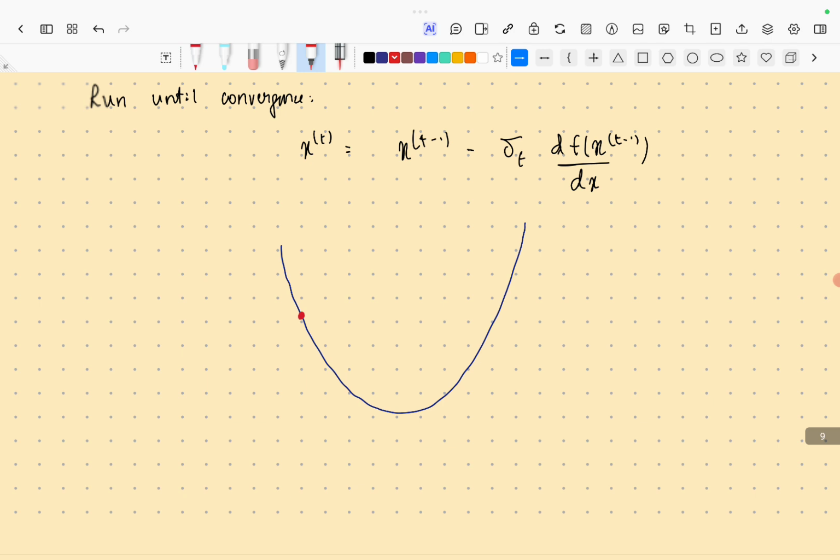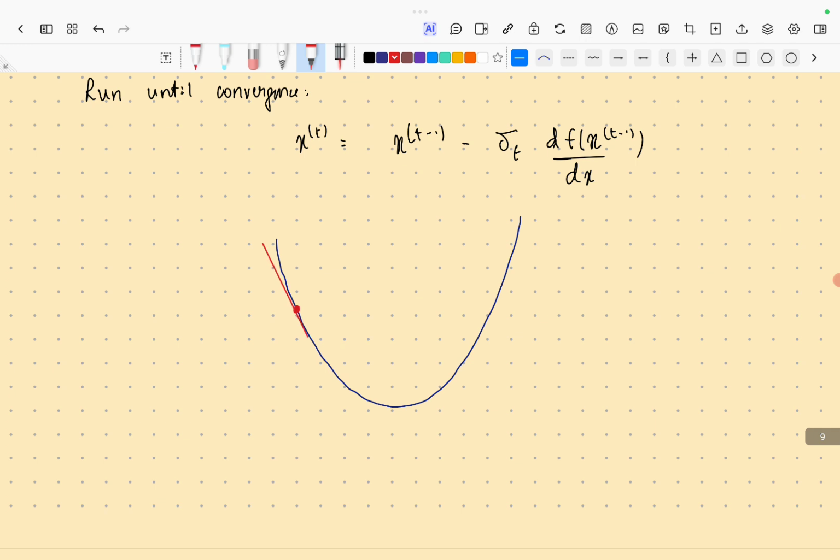So you take the tangent at this particular point and you move a certain distance in that particular direction. All right, so this is your whatever delta t times the derivative. Correct? So you move in that particular direction. This gives you another. So this is your x0.